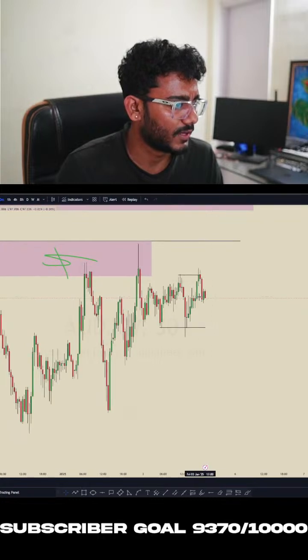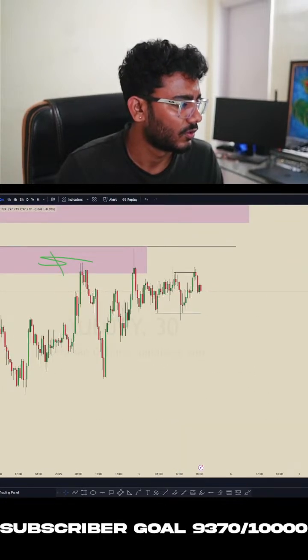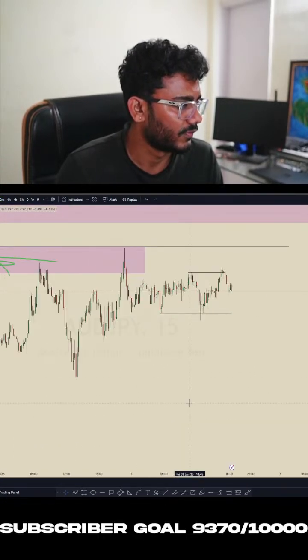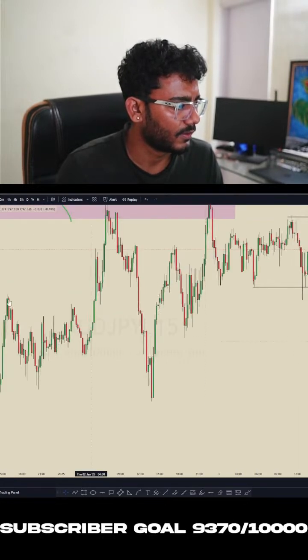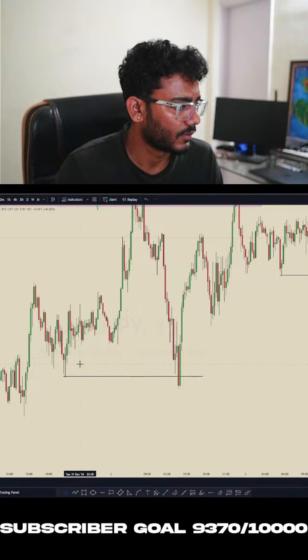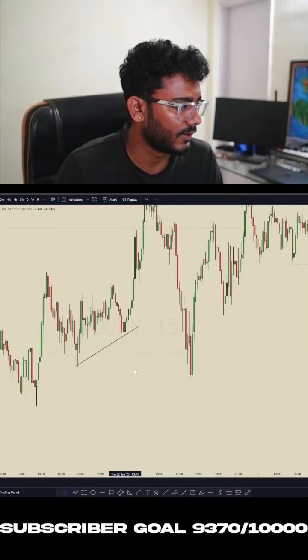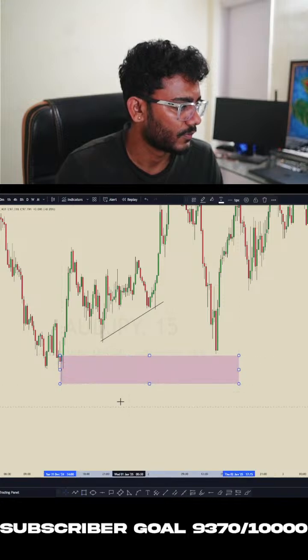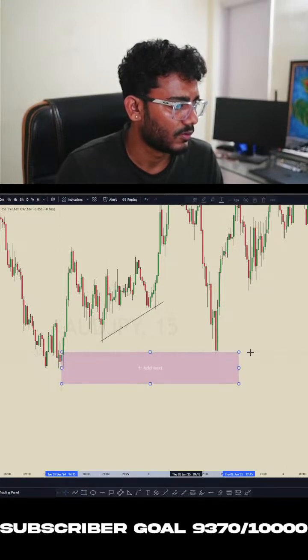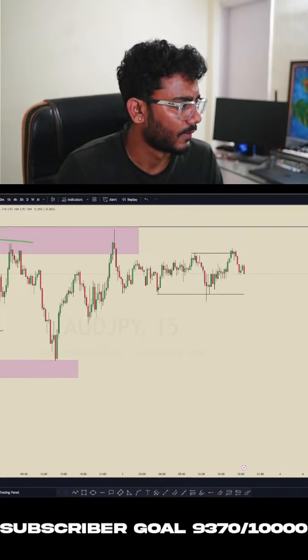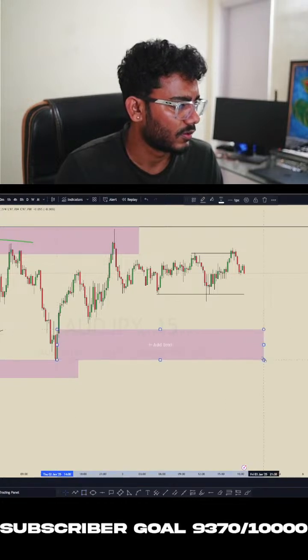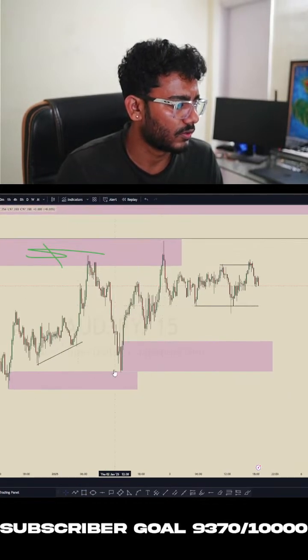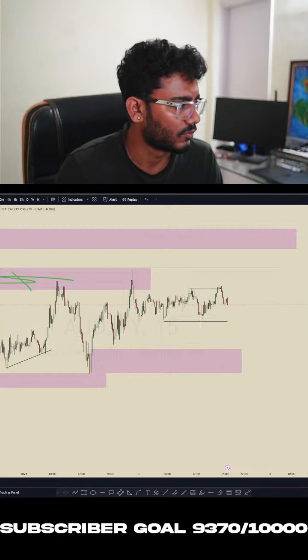So on 30 minutes, I think price will continue to the upside, but here on 15 minutes, we can see there is an area which swept these lows, this trend line liquidity, and mitigated this order block. This order block is mitigated, and now there is another order block. So we have two. This is mitigated, so this is unmitigated. So you can look for buy side entries at this order block.